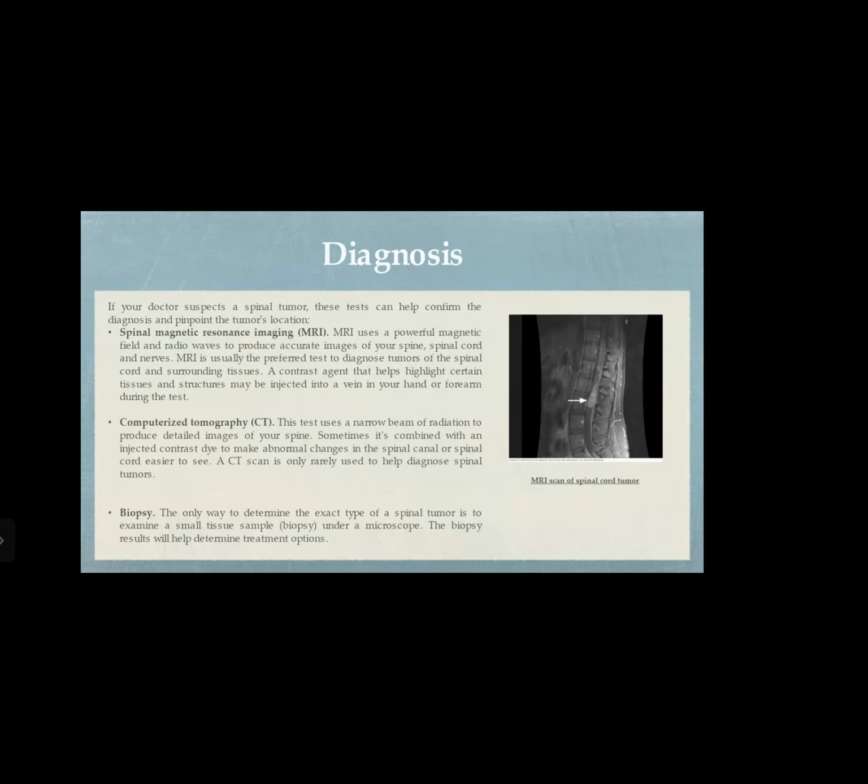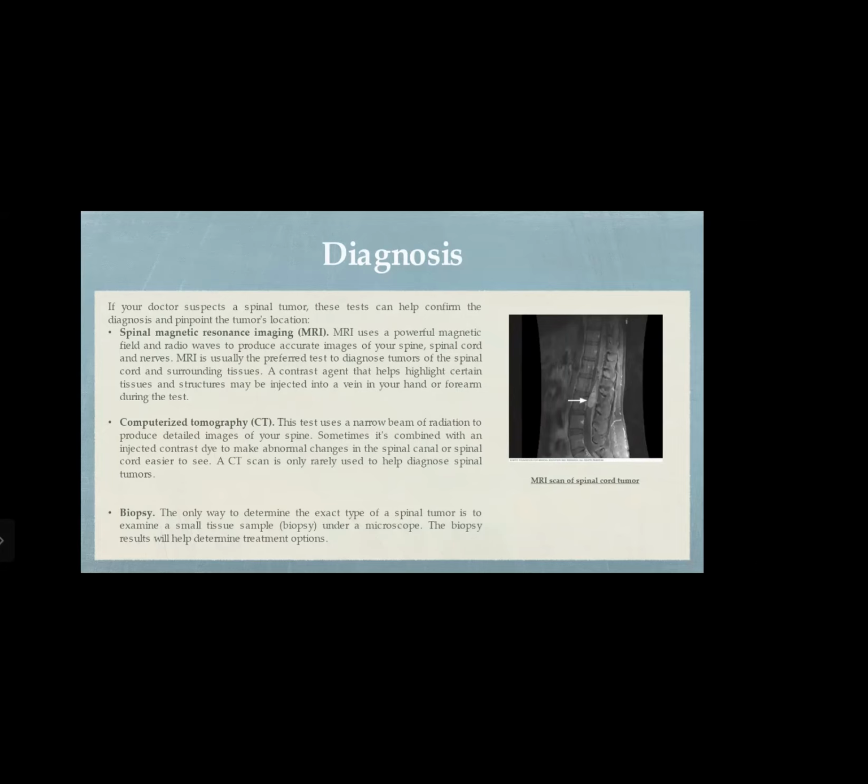This test uses a narrow beam of radiation to produce detailed images of your spine. Sometimes it's combined with an injected contrast dye to make abnormal changes in the spinal canal or the spinal cord easier to see. The CT scan is only rarely used to help diagnose spinal tumor. The third diagnostic method we have is biopsy.